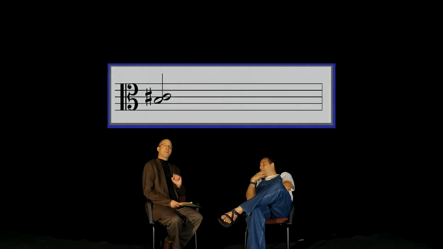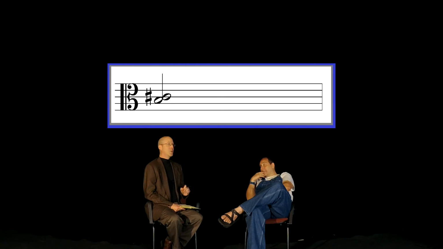And there are times when this is really helpful. If we have two notes that are very close together that are being played at the same time, one note is on a line, the next note is on the space directly above it, one of those notes is sharp, the other is not. It's very important that the sharp go on the correct line or space so that we know which note is to be sharped.